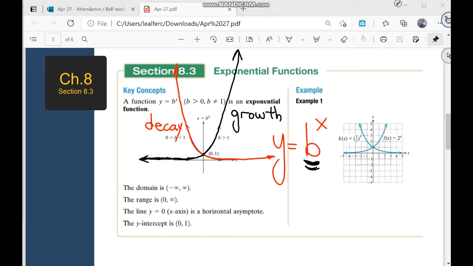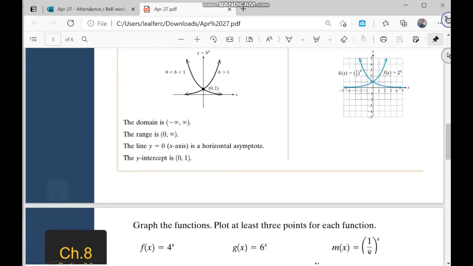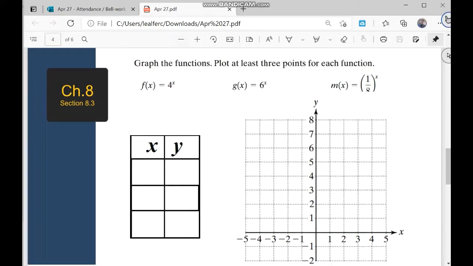Another thing I want to show is how to sketch these graphs using paper and pencil. And I know you don't need to sketch graphs in paper and pencil anymore, right? You have computers and graphing calculators, you have apps that can help you out.